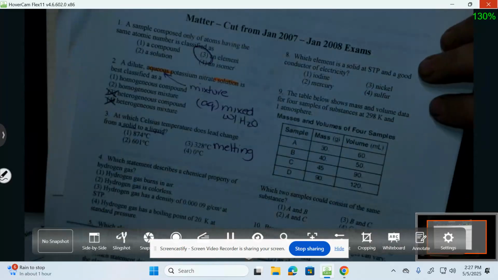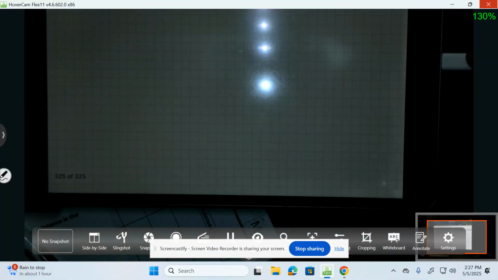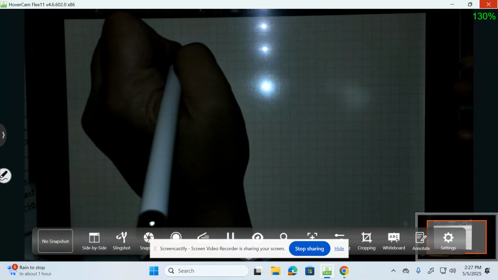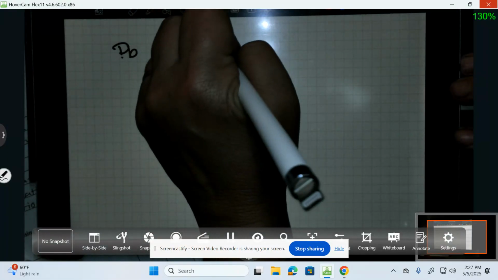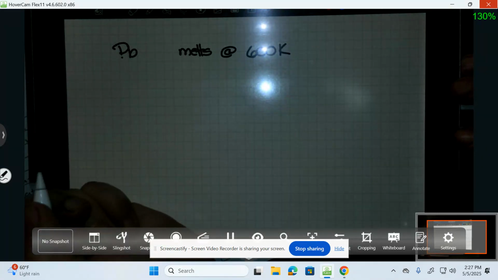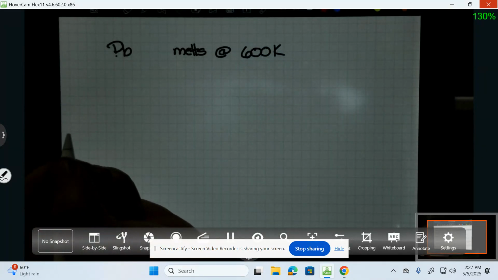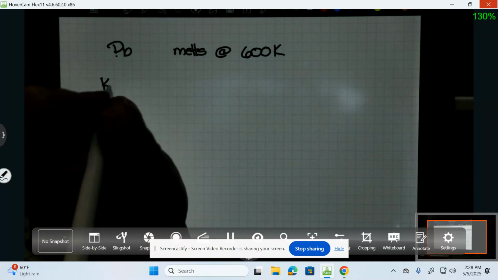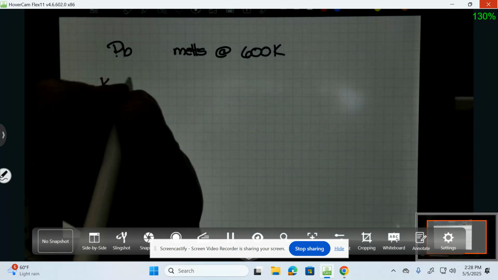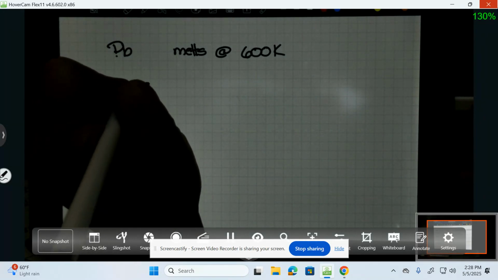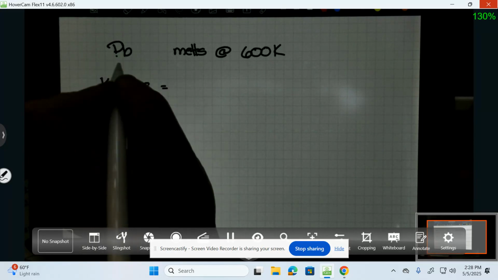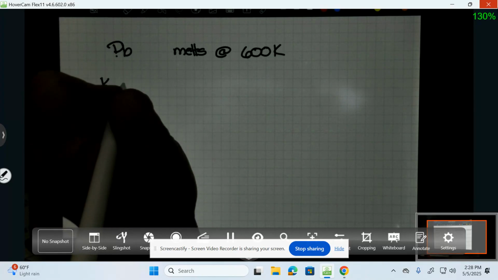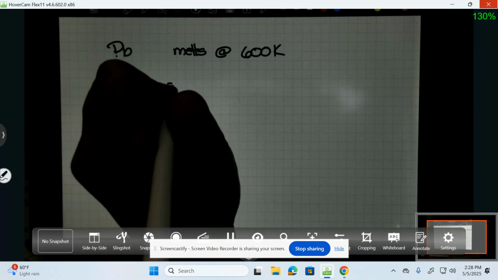That's Kelvin. So we know that lead melts at 600 Kelvin. Well, if it's 600 Kelvin, they asked for it in Celsius. How do you change from Kelvin to Celsius? Kelvin minus 273 is going to equal Celsius.